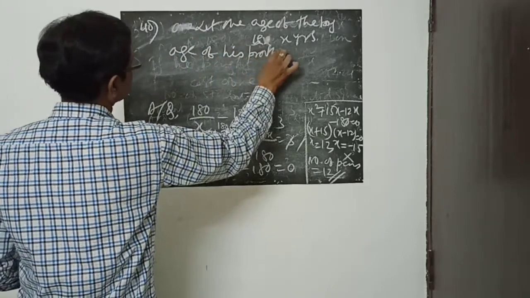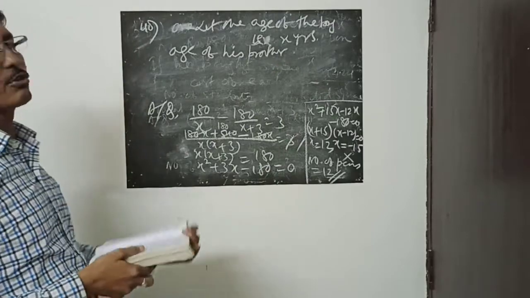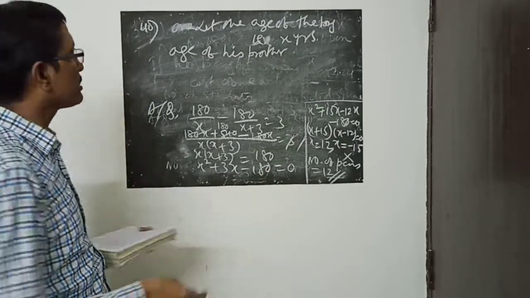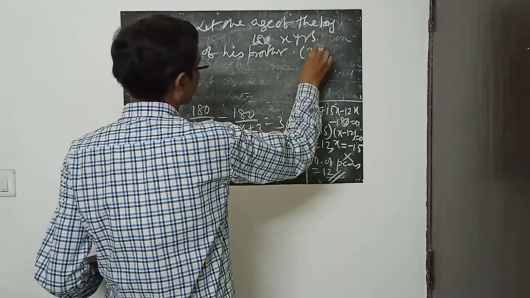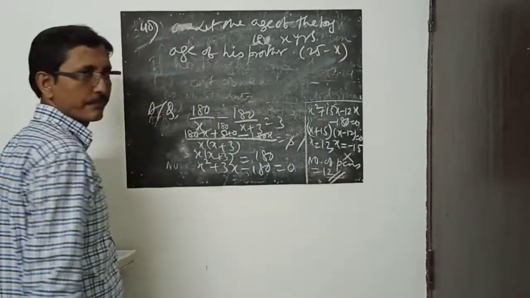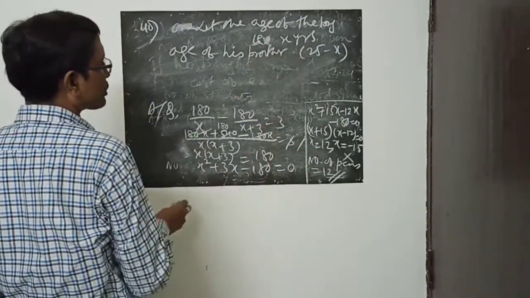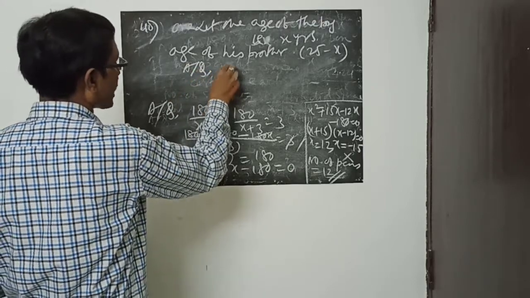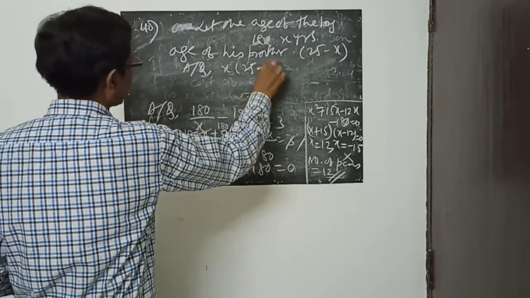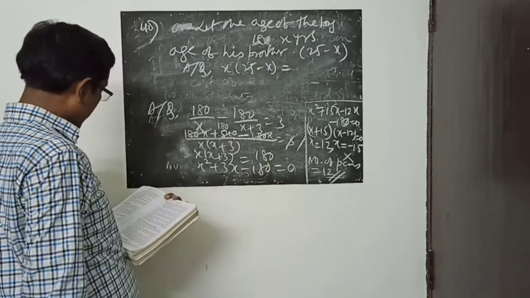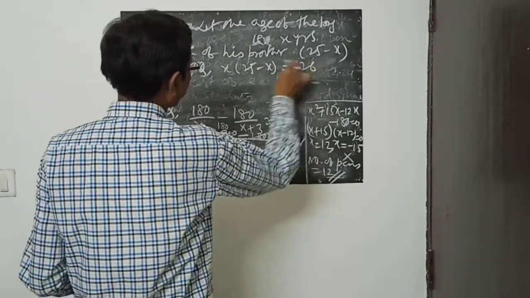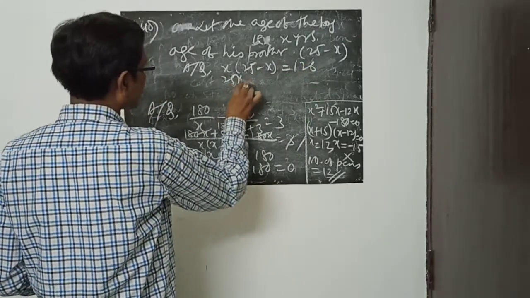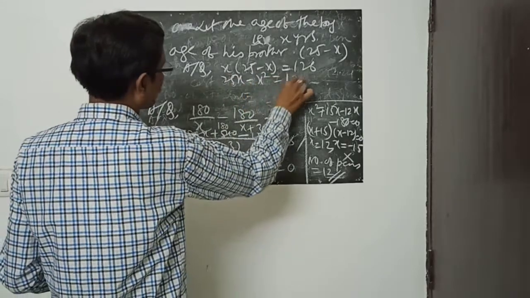what will it be? See, the sum of the ages is given as 25. If one is x, the other's age will be what? 25 minus x. So one is x, the other is 25 minus x. According to the question, the product of their ages is how much? 126. So ultimately 25x minus x square equals 126.